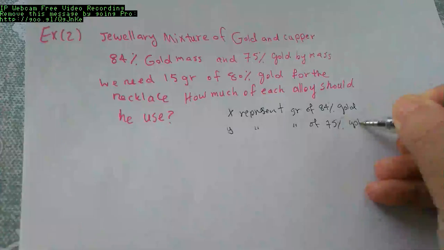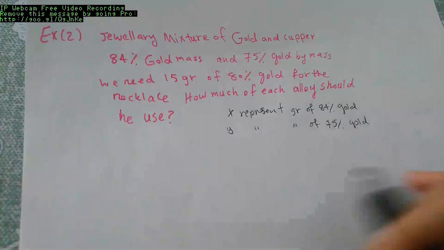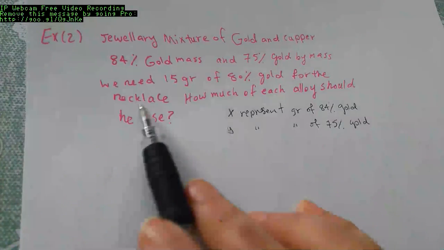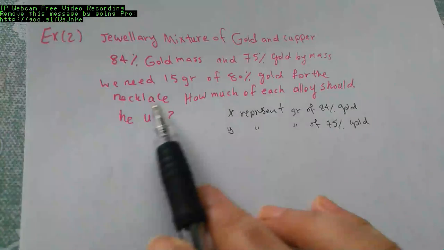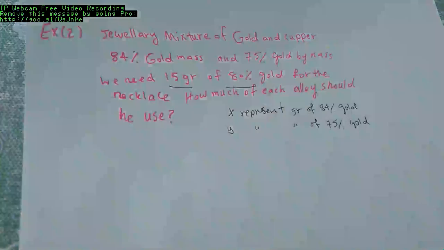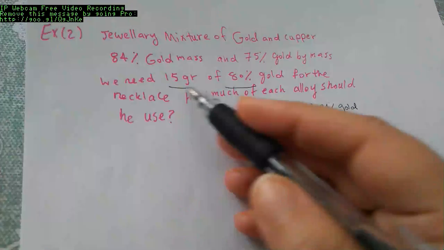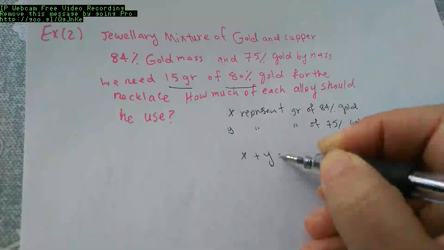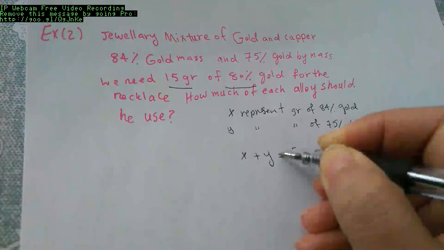We need to mix these two golds to make 80% gold, right? I know that we want to have 15 grams of this percentage. 15 grams means X plus Y, which is the amount, should be 15.